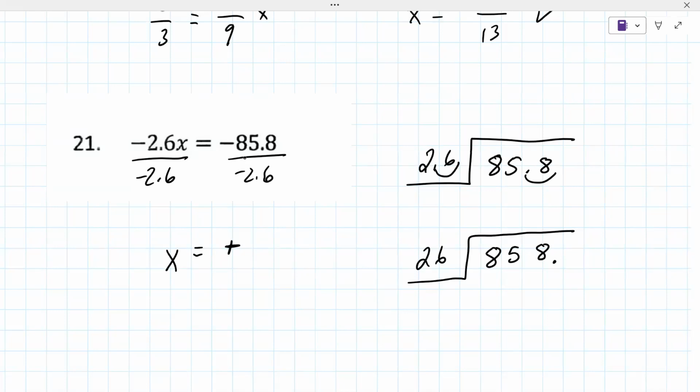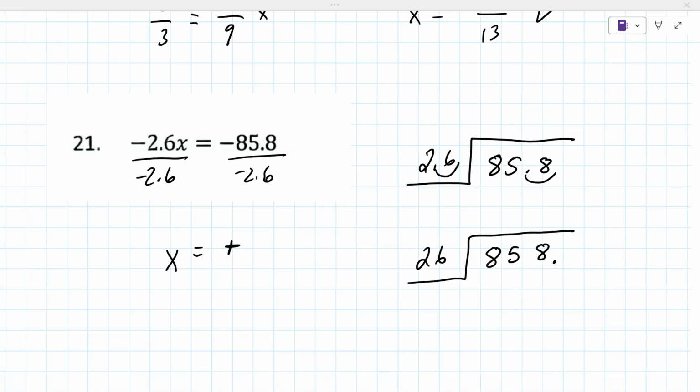Okay, so 26. Eight. So we can go in 3 times 78.